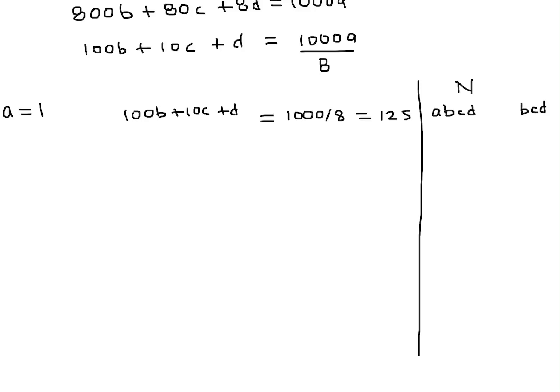So we figured out with A equal to 1 that our B, C, D number is 125. So I'll write that right there, 125. And therefore A, B, C, D is 1125, correct? This fulfills our criteria, whereas if you remove that, this is 1/9 of that. All right, so we will continue in this fashion.